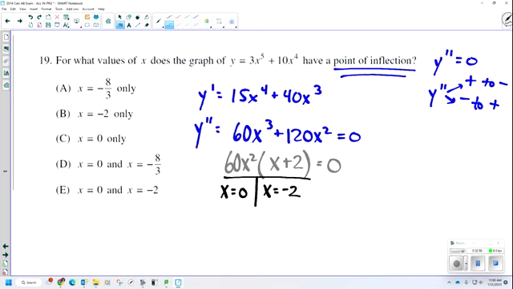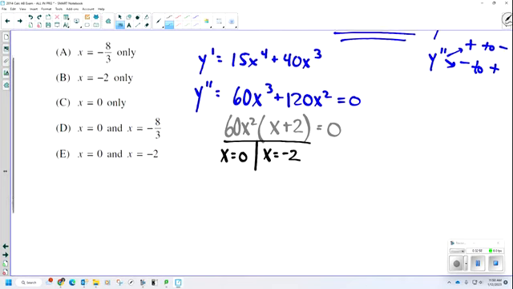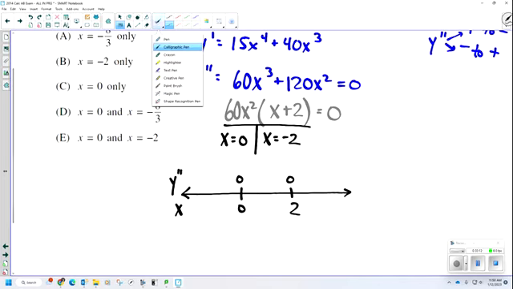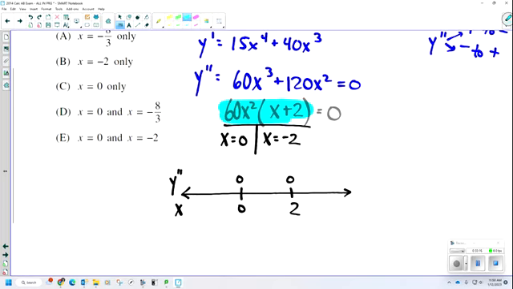Let's put this on a number line. 0, 2. These are the x values that make my second derivative zeros. Now I'm just going to check, and put some random spots into the second derivative. The great thing about the second derivative is the following: this will always be positive.